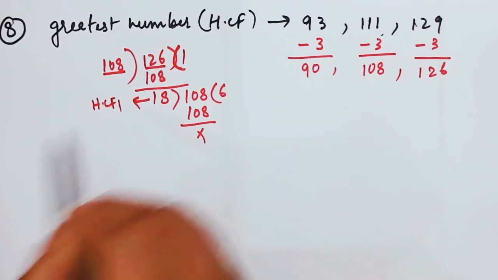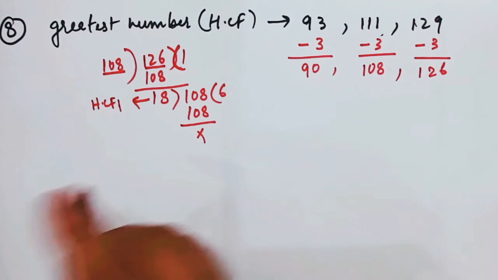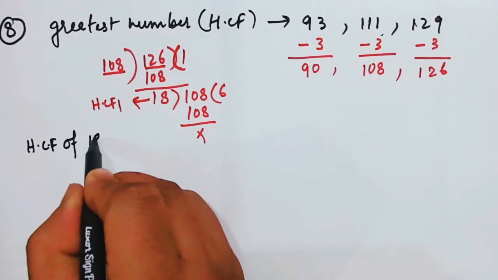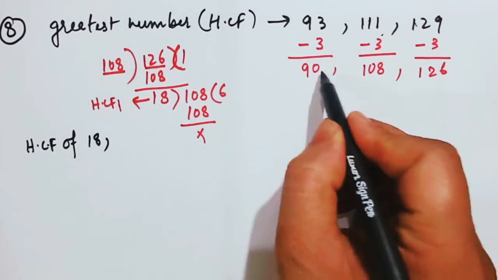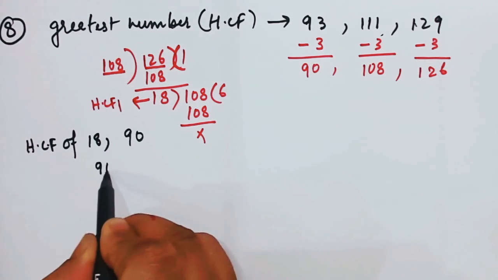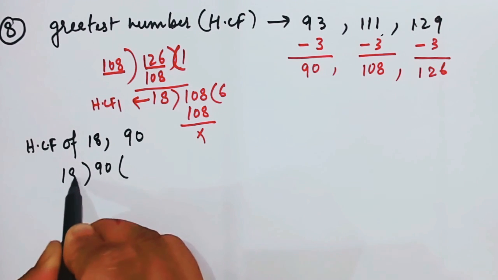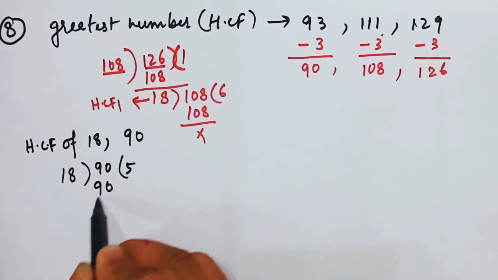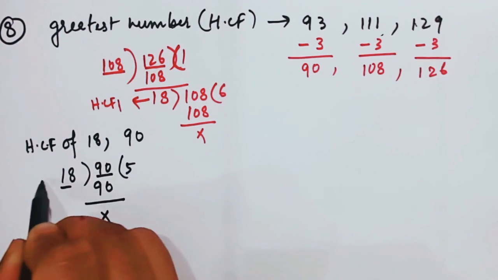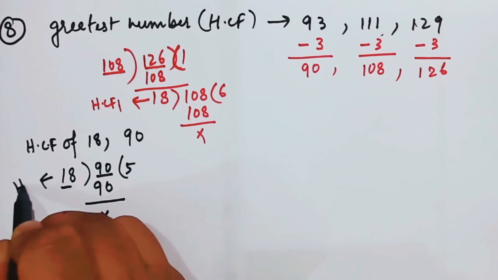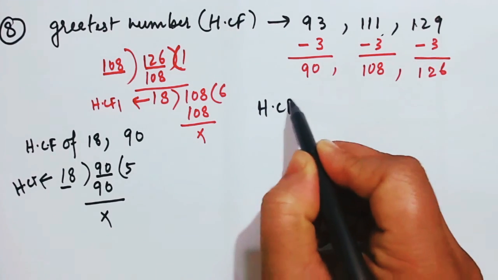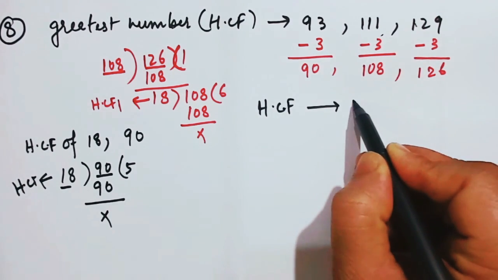Now let us find the HCF of 18 and 90. 18 5 times 90. So here again the HCF of 18 and 90 is 18 only. So I found out the HCF, highest common factor, as 18.